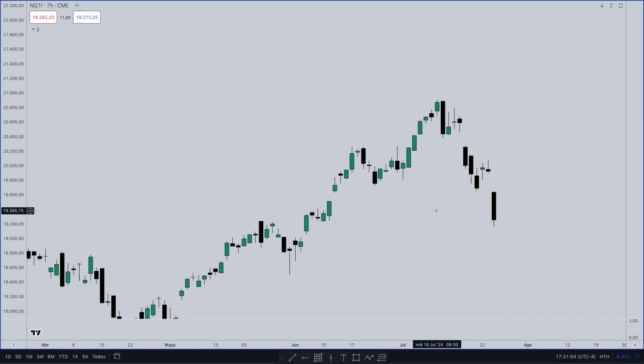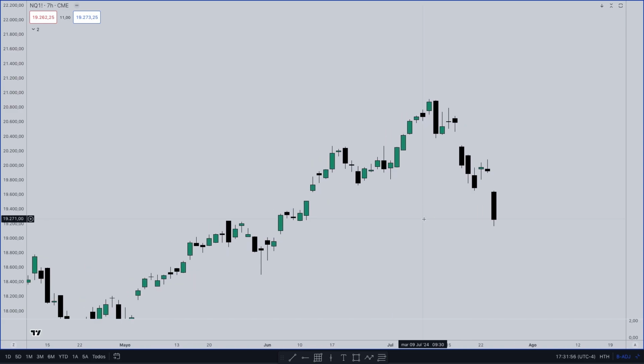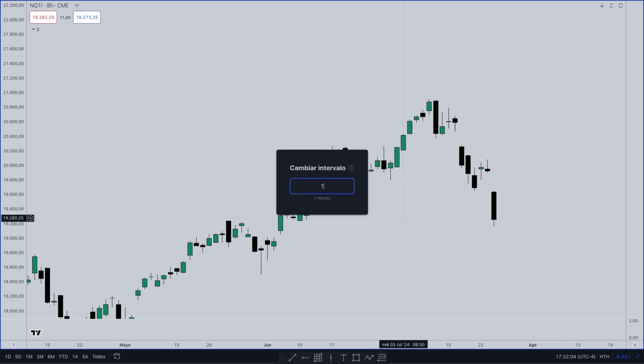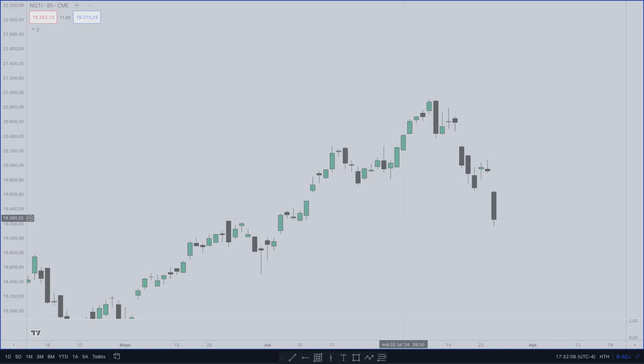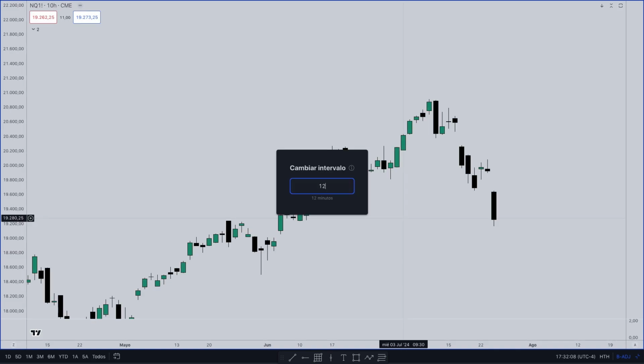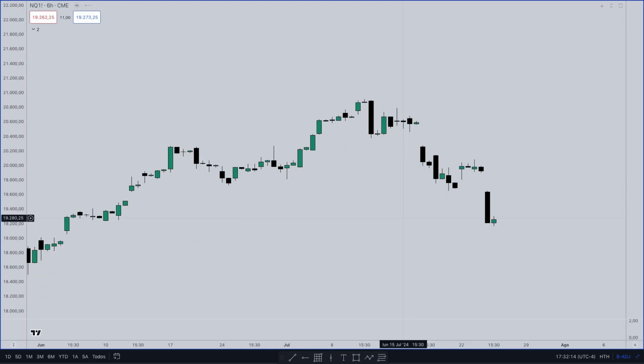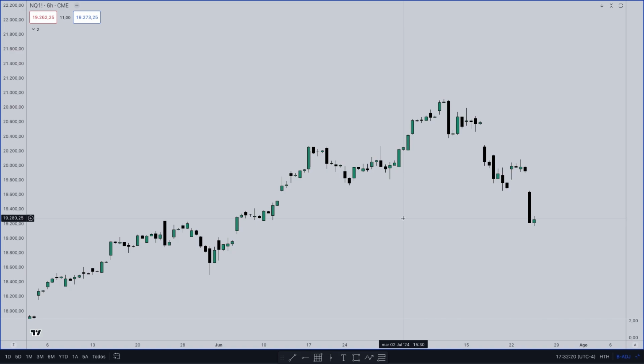If you try to change the time frame above this 7 hours chart, for example 8 hours is the same, 10 hours is the same, 12 hours is the same, 7 hours, but if you move below 7 hours you are not going to see the full daily candle.